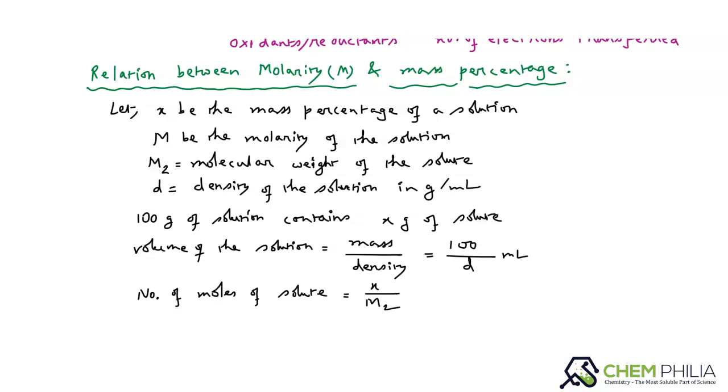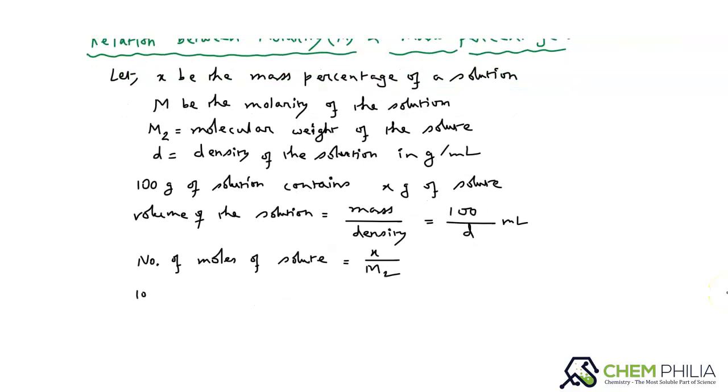So the volume of the solution is 100 by d, and the number of moles of solute is x by m2. So we can say 100 by d ml of solution contains x by m2 moles of solute.